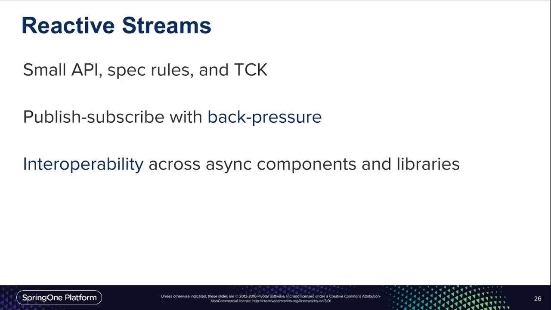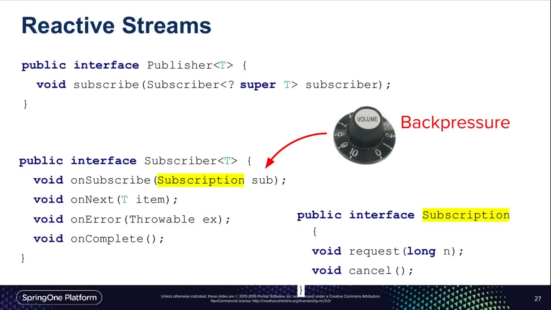It's in fact quite refreshing to have such a small spec. These days you don't come across that very often. The spec is focused on interoperability across async components and libraries. It's really not meant to be used very directly by applications. In fact, it's quite low-level interaction between components. But we'll come back to that.